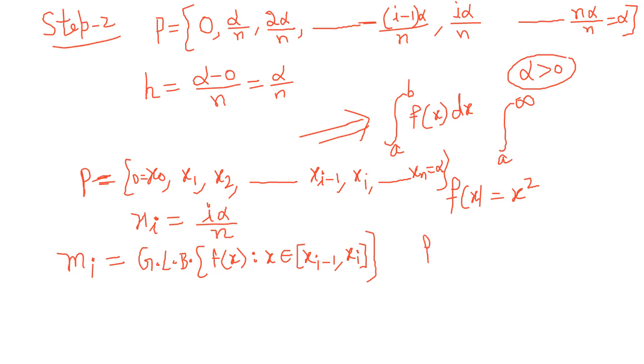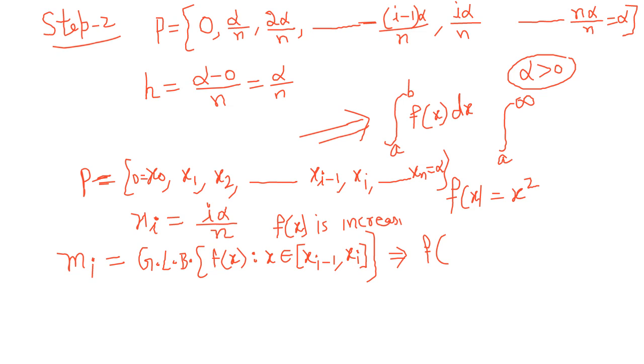So it will be i minus 1 or i something else. At which point are you finding the GLB? Sir, f of x i minus 1. But you have to write down here that f of x is increasing.